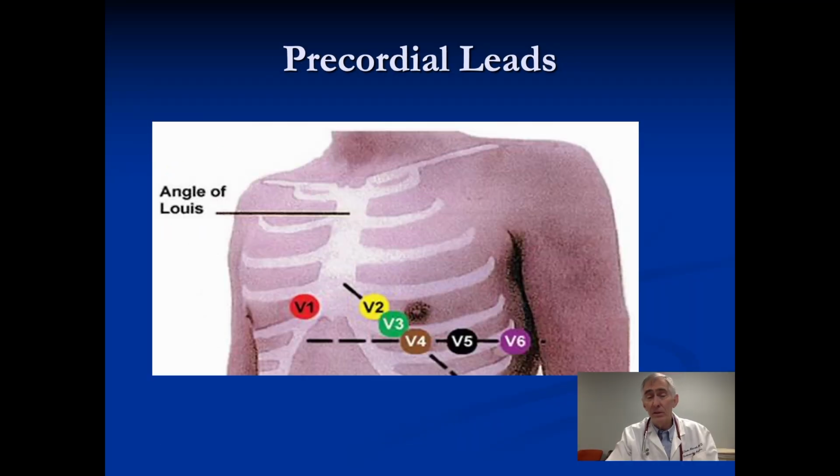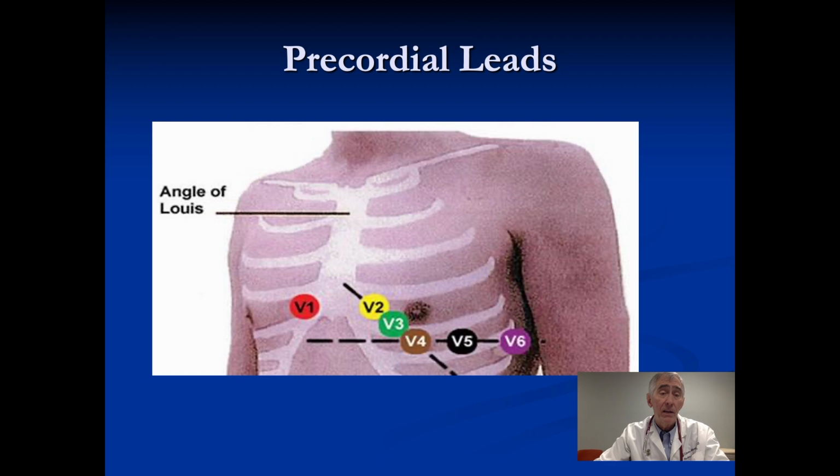Now the precordial leads are what I call the deceitful leads of cardiology because they're so hard to put in the right place. It's important to recognize that depending on whether there's excess tissue around in heavy people, or whether somebody's miscounted the number of interspaces, the leads should be placed as follows.